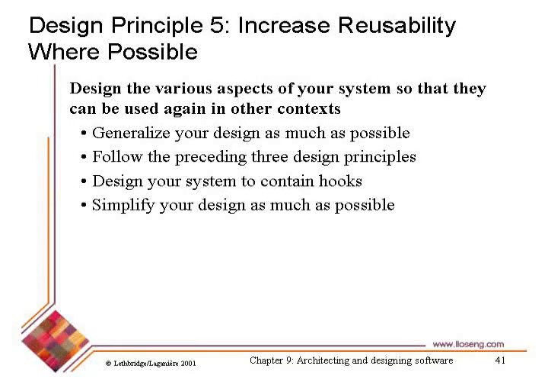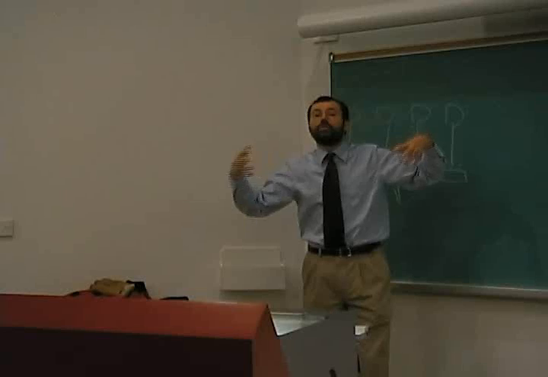We want to follow all 3 of the preceding design principles. So adherence to high cohesion will group things together so that the unit is more reusable. Reducing coupling will make sure that we don't have to drag along a lot of other stuff when we reuse, so it improves reusability.